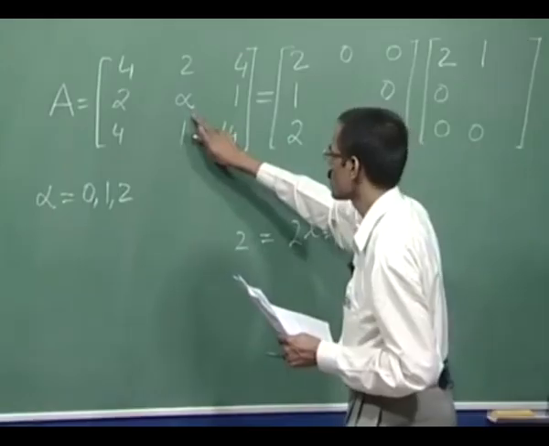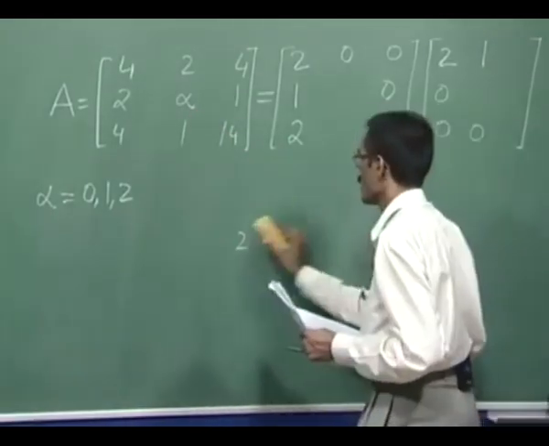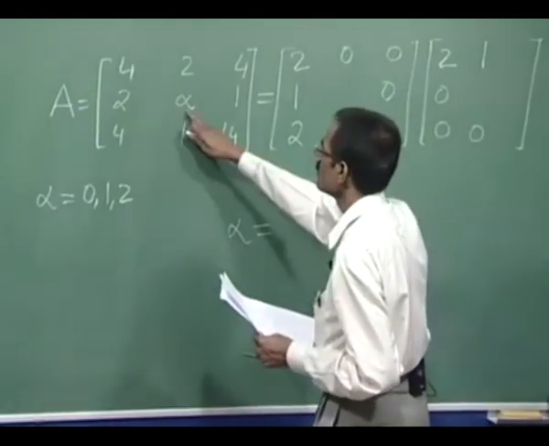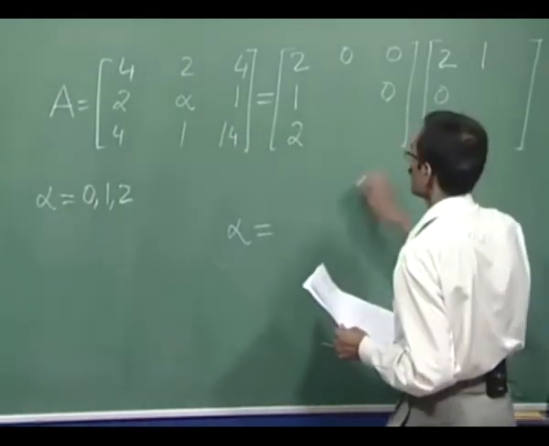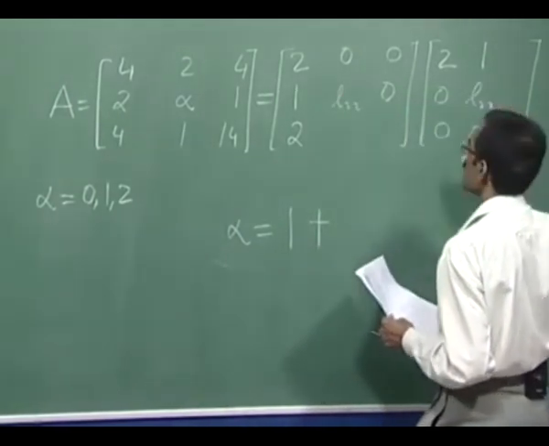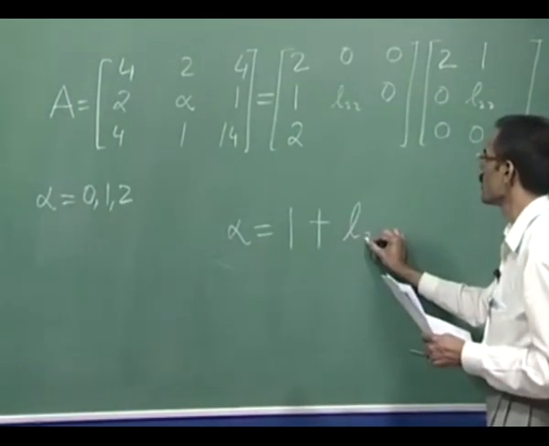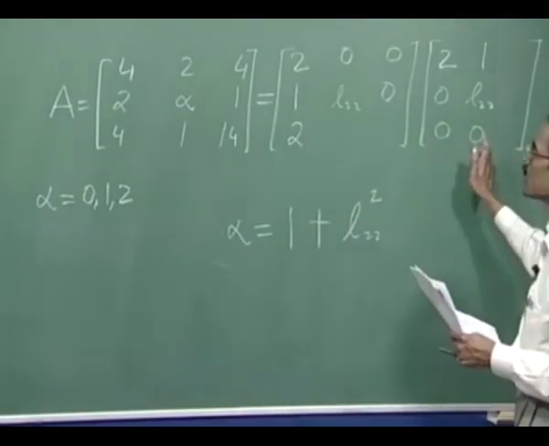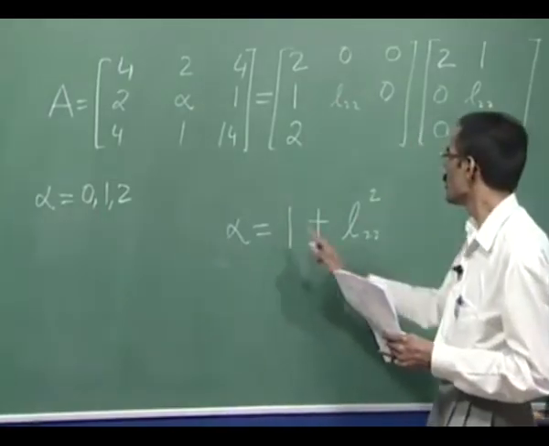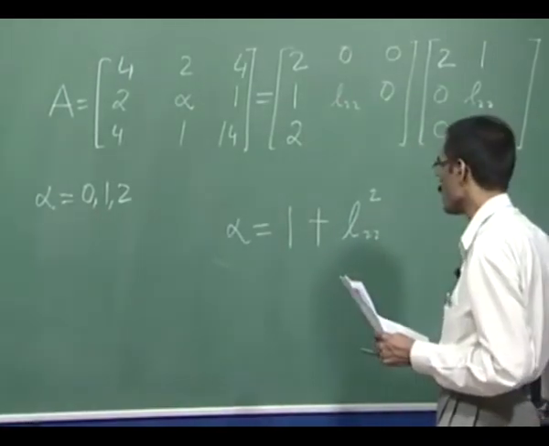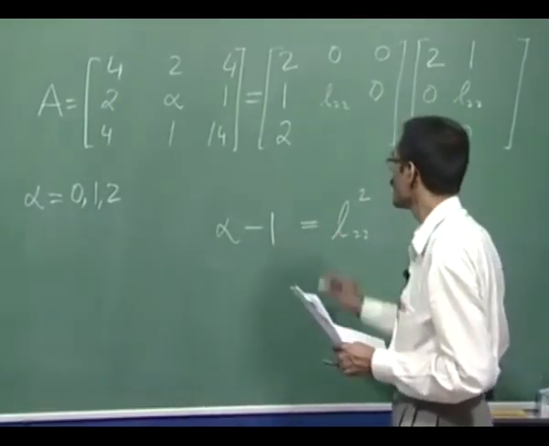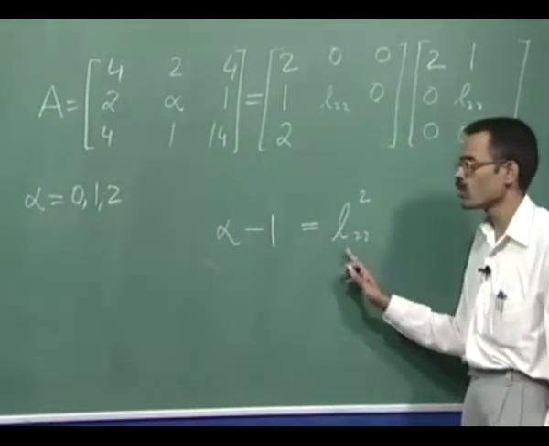For alpha, this is the crucial step. We have alpha equal to 1 into 1 plus L22 into L22 plus 0. Now, for alpha equal to 0, we will have L22 square equal to 1 minus 1.